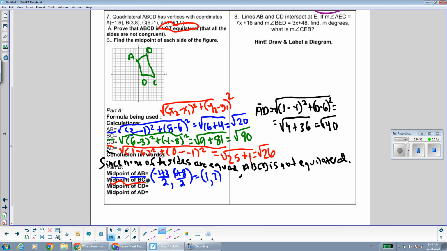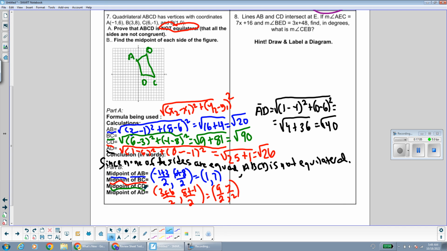Midpoint of BC. So for BC, that is going to be 3 plus 6 over 2, 8 plus -1 over 2. So that is 9 over 2, comma 7 over 2.